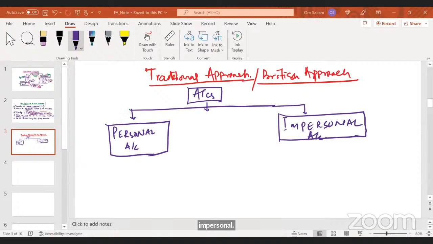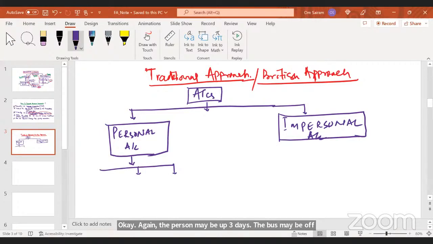So what is personal account? Let us understand. Personal account means those accounts which are related to person concerns. Again, the person may be of three types. Please remember. First one, the person may be a natural person.